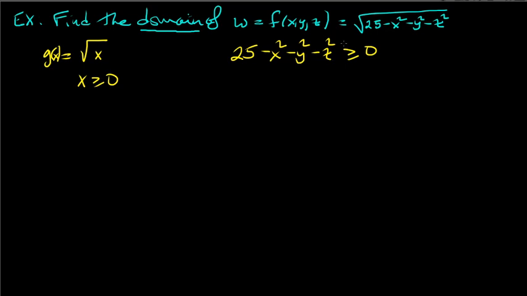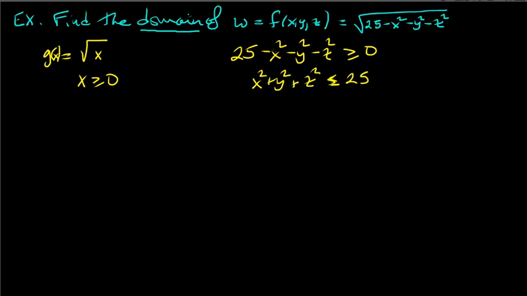It cannot be negative. If you allow it to be negative, you're going to get imaginary numbers for w. And we don't. In this course, we're pretty much ignoring imaginary numbers, we're just dealing with real numbers. So if you solve this inequality, you get x squared plus y squared plus z squared is less than or equal to 25.